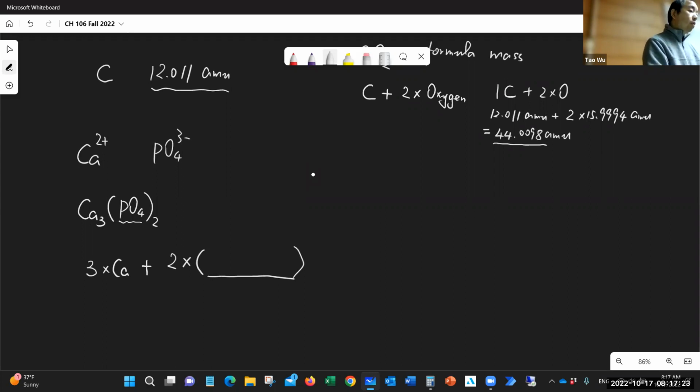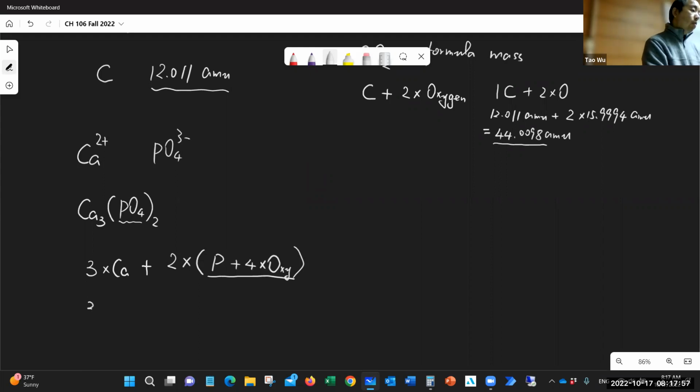Well, you can do it that way, but this one is more straightforward because here the 2 means we have 2 of the phosphate. You just need to calculate the mass of the phosphate. That phosphate is made by 1 phosphorus and 4 oxygen. Then you plug in the average atomic mass in there, and you will figure it out.